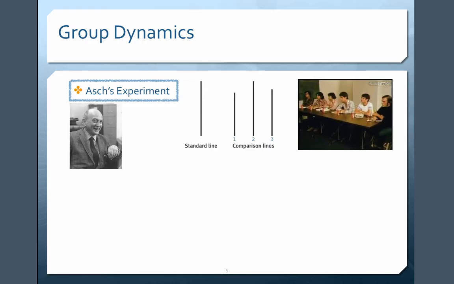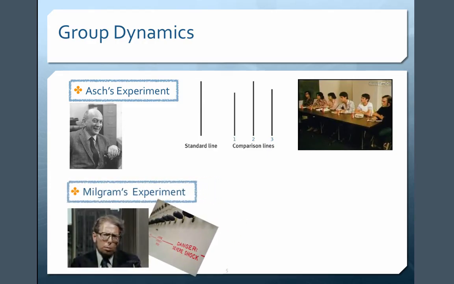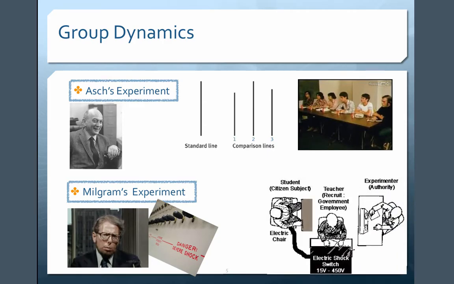Now, Stanley Milgram's experiment found that participants were willing to do something, in this case giving electric shocks, because the authority figure told them to do it.